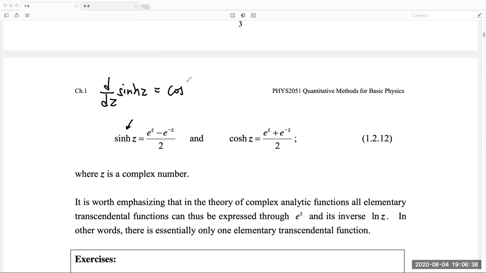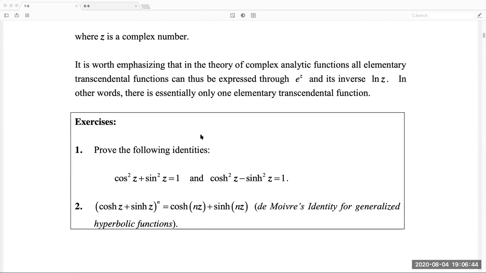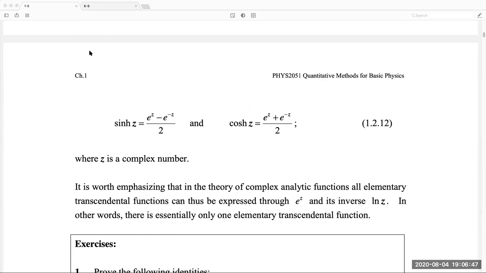So it will equal the hyperbolic cosine z. If you differentiate the hyperbolic cosine, then you will get the hyperbolic sine. If you differentiate once more, you get back yourself.